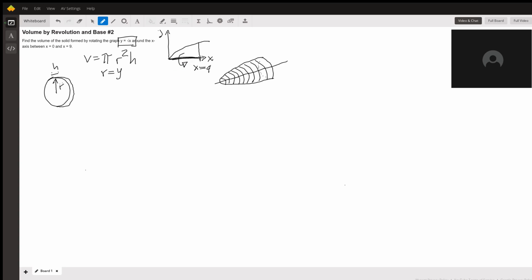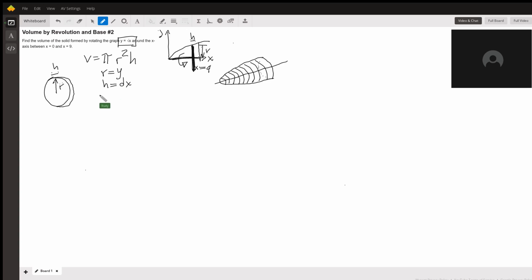Because if you can imagine, right here we have our little disk. So this is the thickness, that's h. And then this is the radius r. So r equals y, and h is going to be dx.